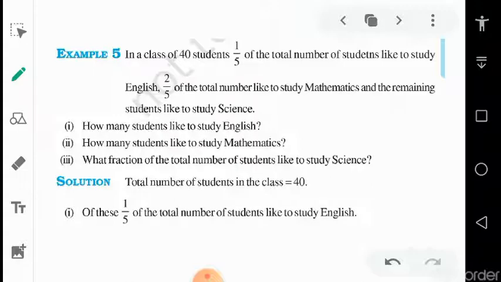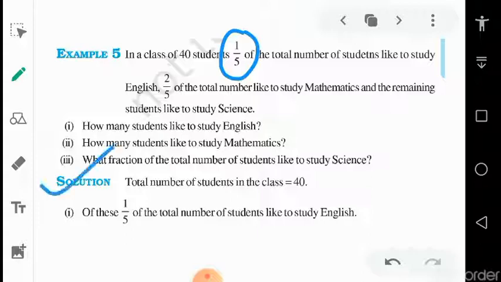Okay, so the first question is how many students like to study English. See, we want to find the number of students who study English. As you can see in the question, the fraction of the students who want to study English is 1/5. It is given in the question, means 1/5 of 40. So we will calculate and find the answer.